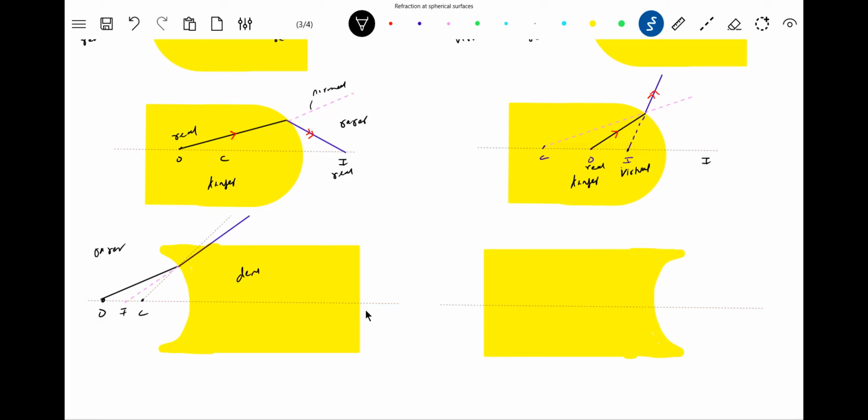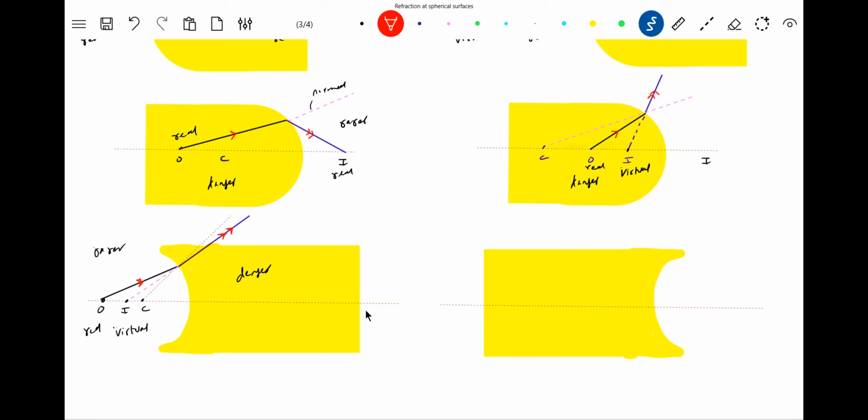This is a rarer medium. This is a denser medium. So this is a real object and this is a virtual image that is formed. Okay, this is one situation.